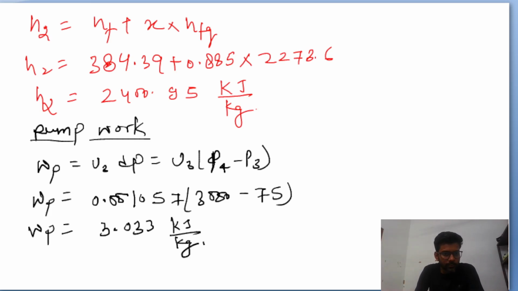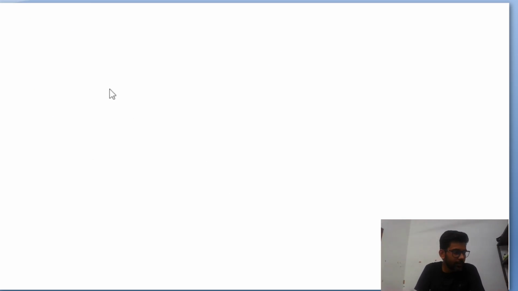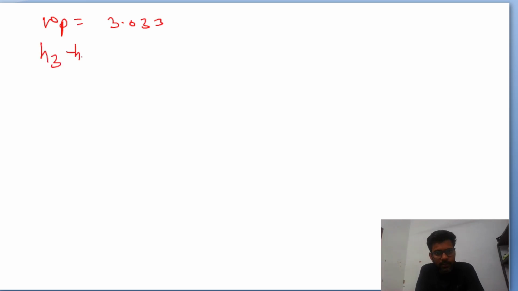Now the pump work, which is 3.033, can be written as H4 minus H3 in terms of enthalpy.